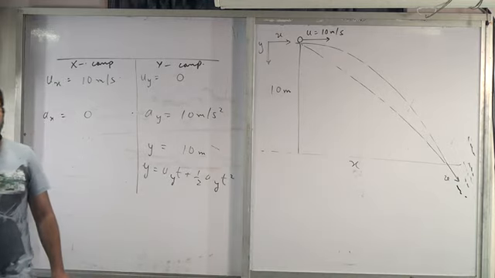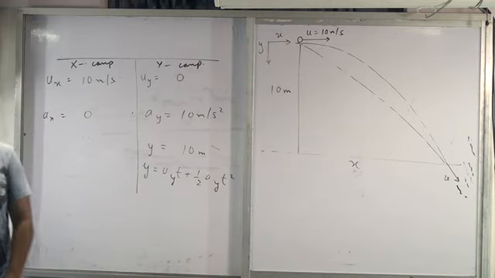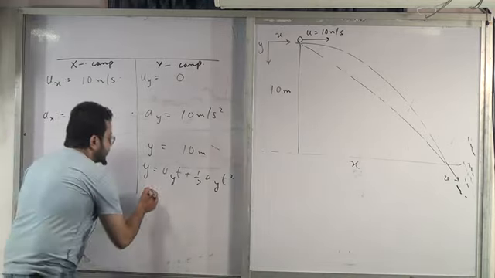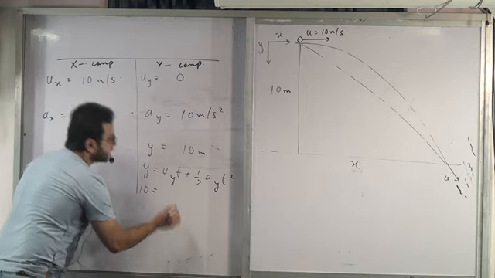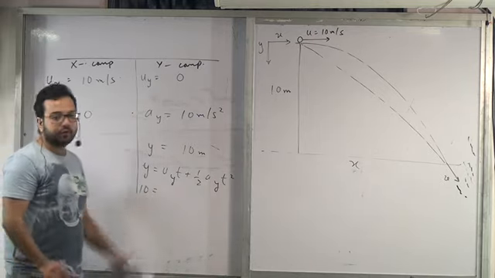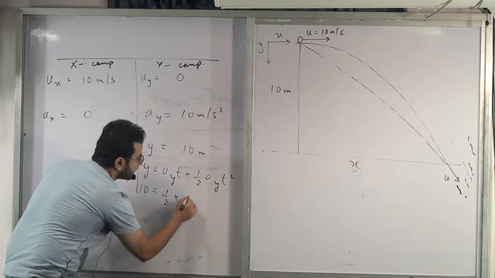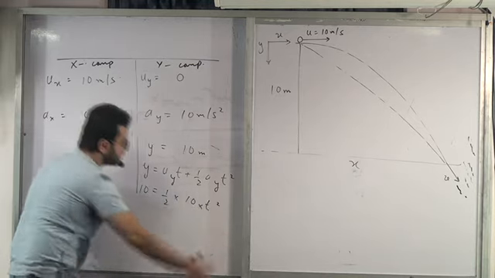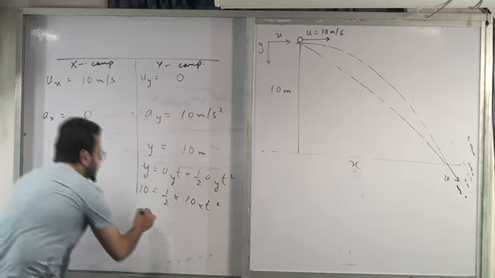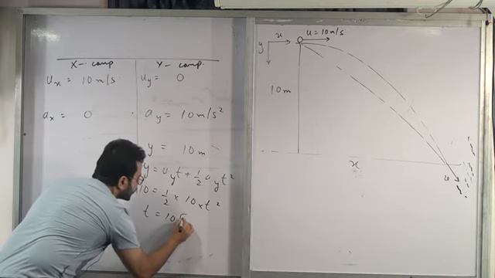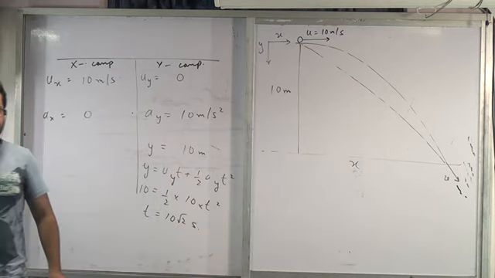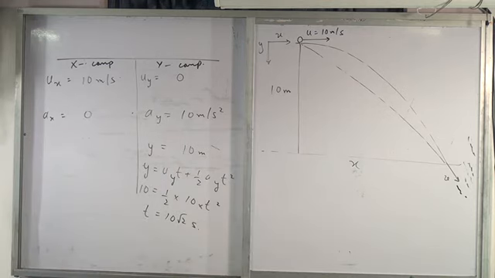I can use this equation to find out the time taken for the fall. So y is 10. What is uy? uy is 0. So this becomes 10 equals half into 10 into t square. So the time taken is how much? Is that clear?